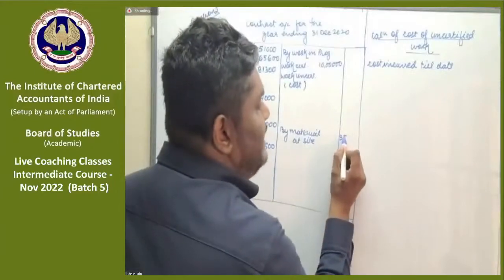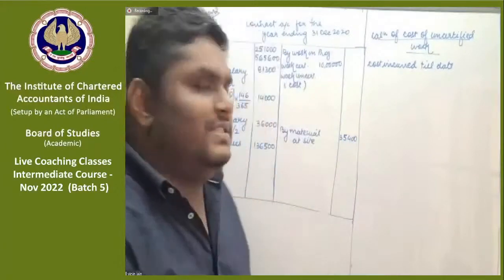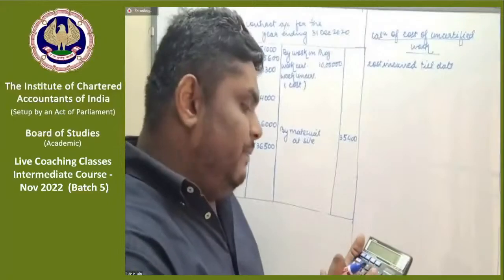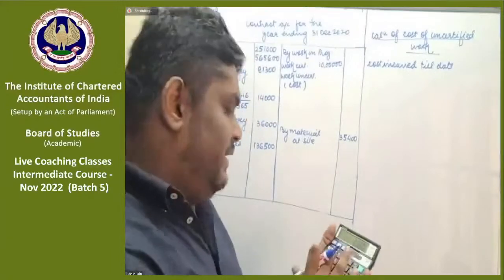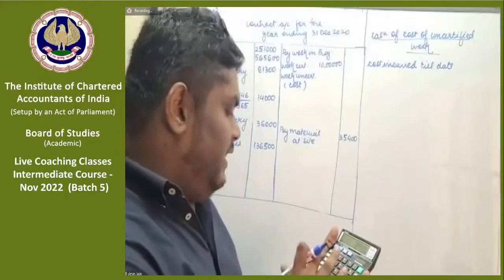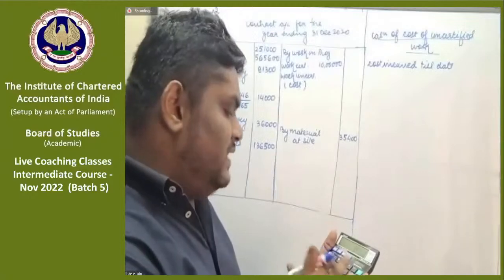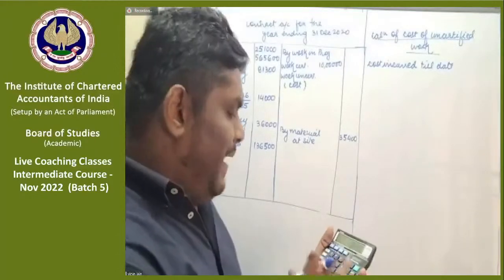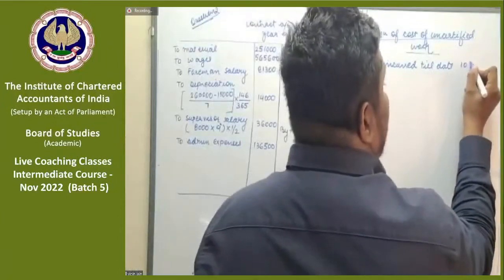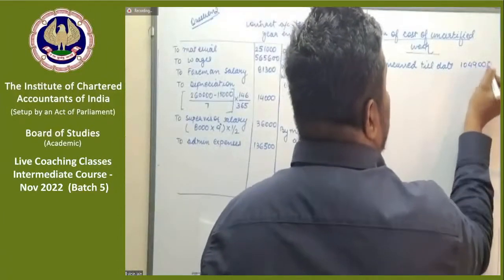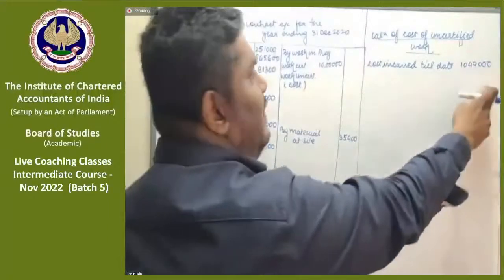This is the cost that is incurred till date, which is 10,49,000.